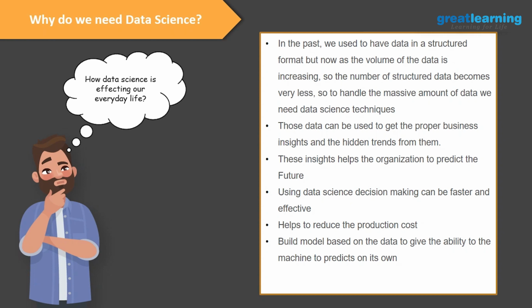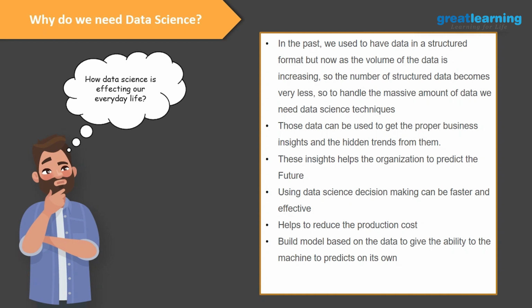When I'm talking about hidden patterns, what are those hidden patterns? Let me give you a real-time example so you can understand what type of hidden pattern I am talking about. Suppose we are going online, maybe buying food or booking a cab. At that time we use online transactions or online app booking facilities.